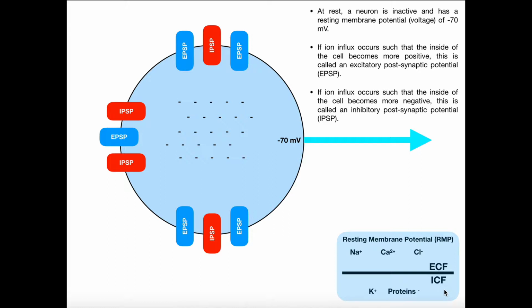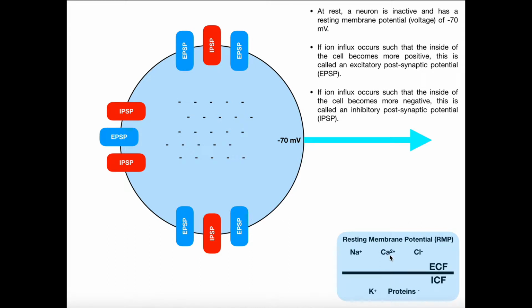In the extracellular fluid, or ECF, we have more sodium outside the cell, more calcium ions outside the cell, and more chloride ions outside the cell. In contrast, inside the cell in the ICF, we have more potassium ions and more proteins, which tend to have a negative charge overall, so they're anionic. And again, it's not to say we don't have some calcium inside the cell, we just have more outside the cell.